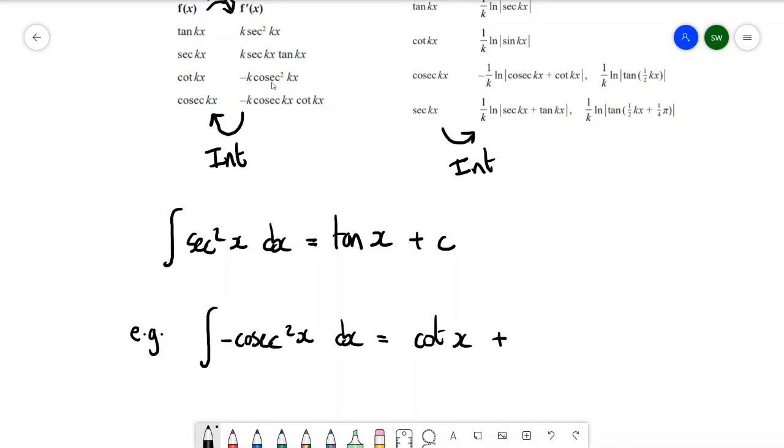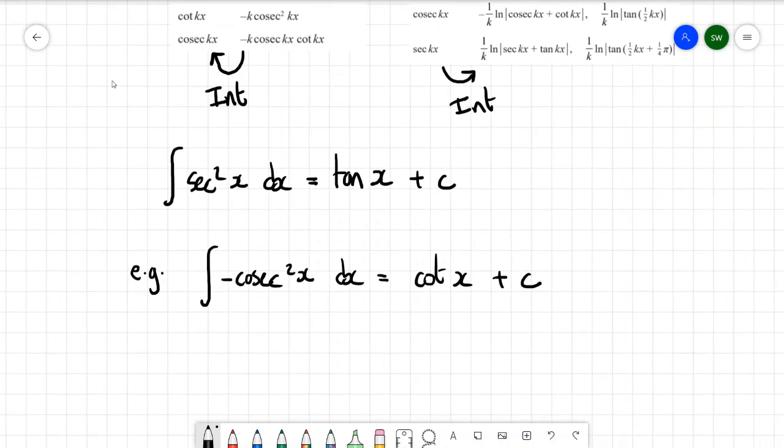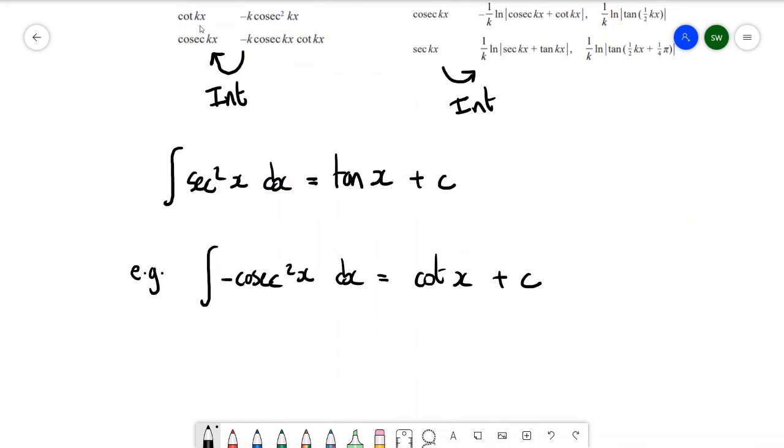The reason why is that if you differentiate cot x, you get minus cosec squared x. It's useful to know that you can swap around the minus symbol. So if you times through by minus 1, you get that the integral of cosec squared x is equal to minus cot x plus c.